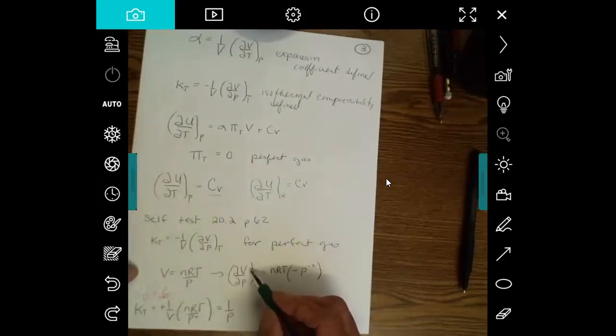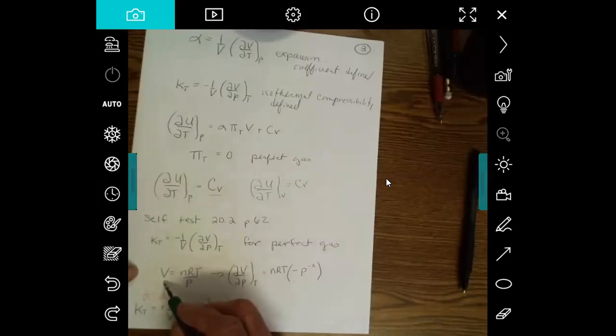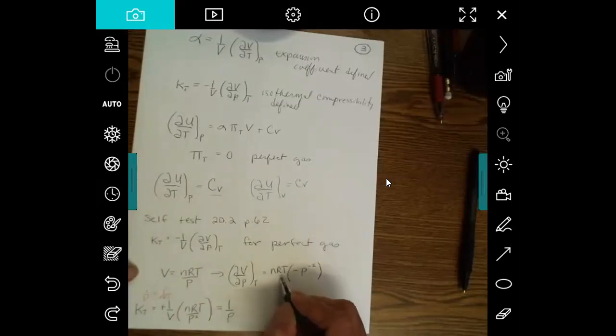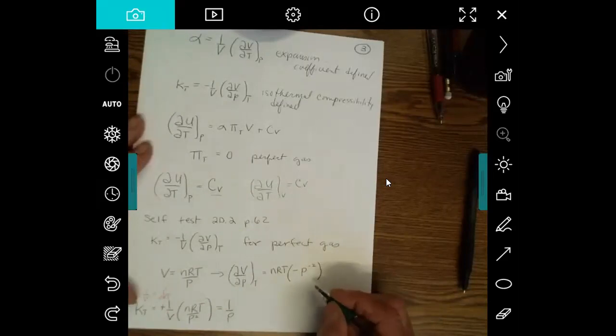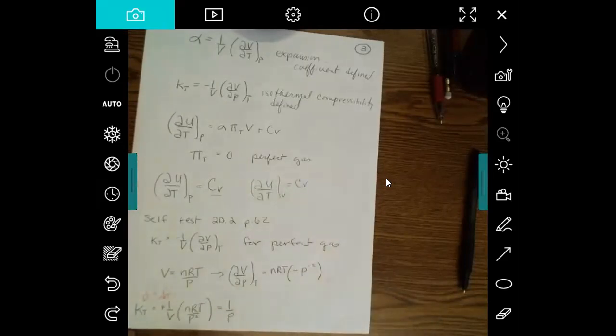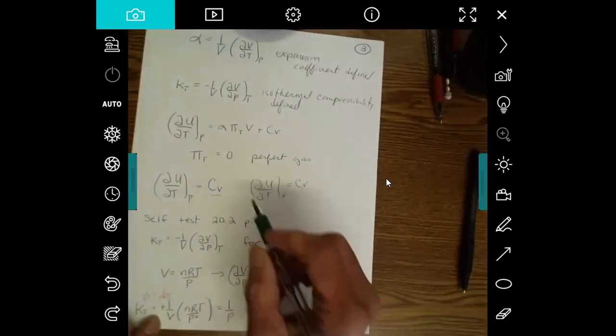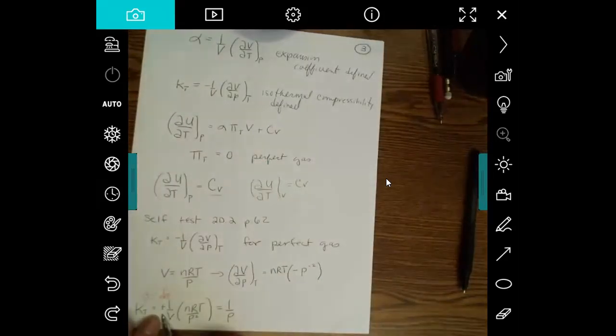Now, if I take the derivative of V with respect to P, all of these are constant because T is constant. I get nRT, and then the derivative of 1 over P with respect to P is negative P to the minus 2. So this negative cancels with this negative, and it becomes positive.